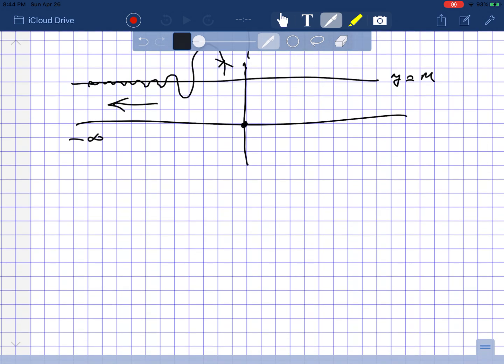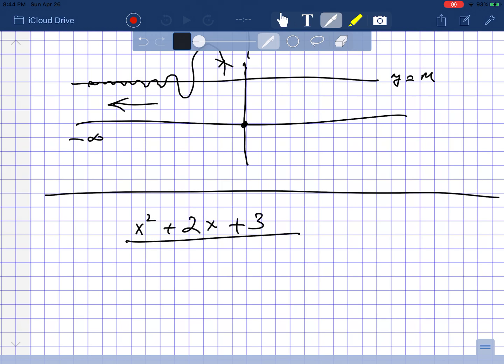All right, let's take a look at a typical problem. We studied rational functions, and suppose I have a rational function that looks like this: x squared plus 2x plus 3 divided by 4x squared plus 5x plus 6.